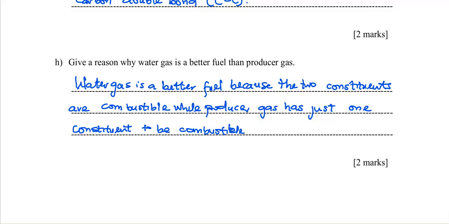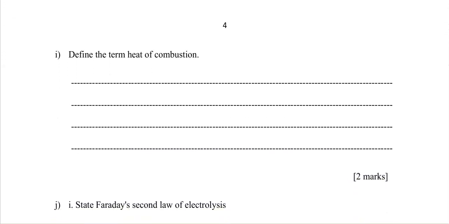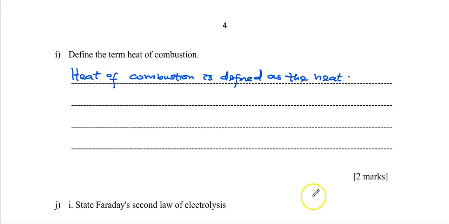The next question says, define the term heat of combustion. Heat of combustion is defined as the heat released when a substance is burnt completely in oxygen.